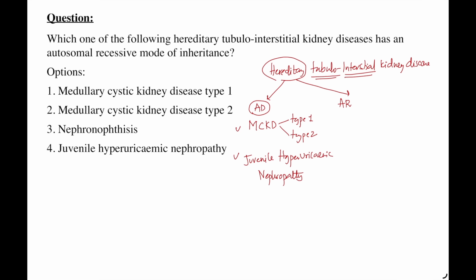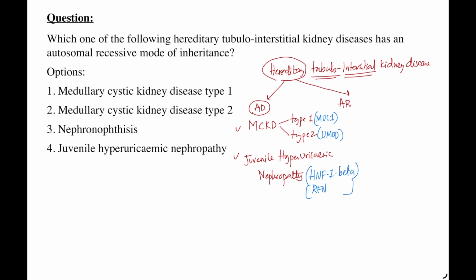So what are the genes? The genes for medullary cystic kidney disease, I am writing them in blue color. The gene for type 1 is the MUC1 gene. The gene for type 2 is UMOD. Maybe next time they'll ask you what is the gene which is involved. Whereas for juvenile hyperuricemic nephropathy, there are two kinds of genes which are implicated. One is HNF1 beta genetic mutation, or REN, which codes for renin. Both are implicated in causing juvenile hyperuricemic nephropathy.